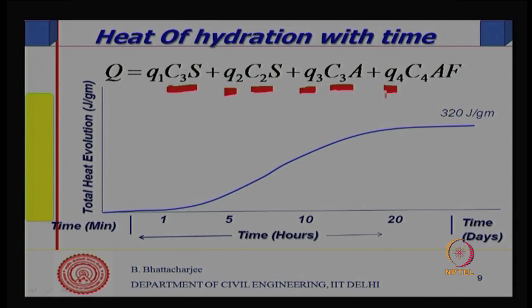Q4 is the heat of hydration of C4AF, and this is the quantity. So, you can sum this up to find the total heat evolution at any stage or even in totality. This quantity we know, and I have given it to you earlier: the quantity of heat liberated per unit mass from C3S and similarly from C2S, C3A and C4AF.